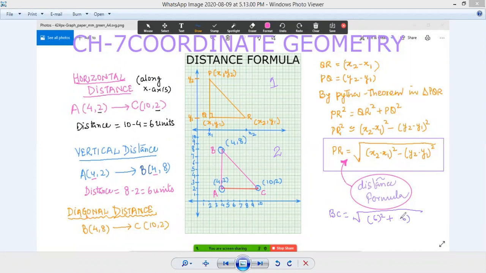So children, this will become 2 into 6 into 6, that means 6 square root 2 units. So all types of distance can be calculated using the distance formula.